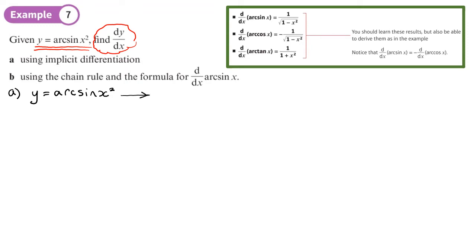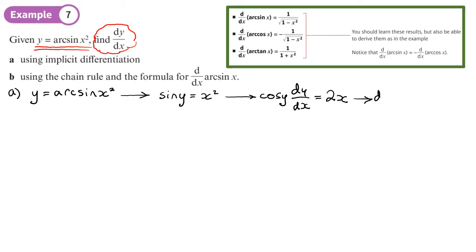We'll start by doing sine to both sides, so we'll have sine y equals x squared. Using implicit differentiation, because we're differentiating with respect to x, sine y becomes cos y, but we write dy dx to show that we've differentiated a y term as if it were an x term, and x squared differentiated is 2x.